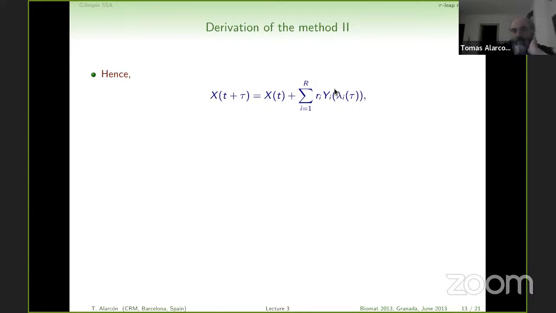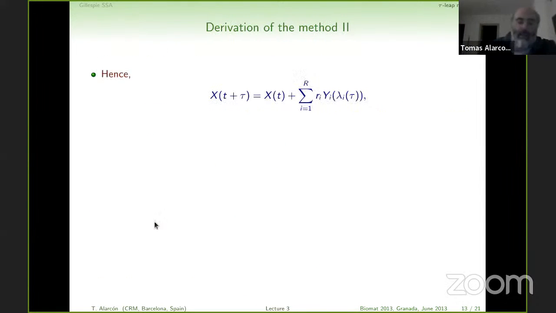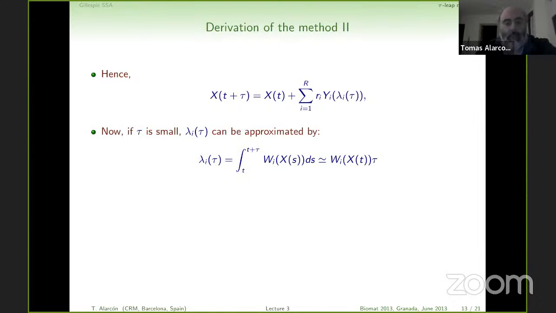Now this is, as it is, completely useless, because this lambda I of tau, of course, depends on the whole history of the system. So this equation is exact, but it's useless from a practical point of view.